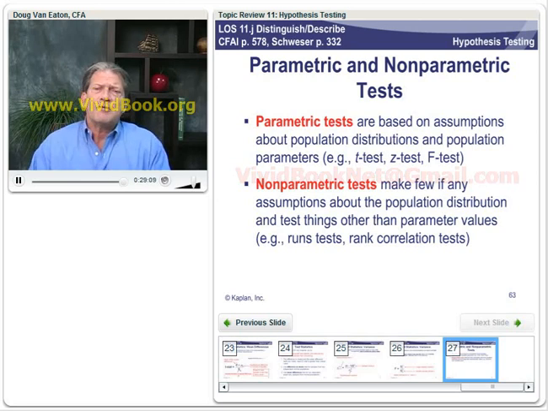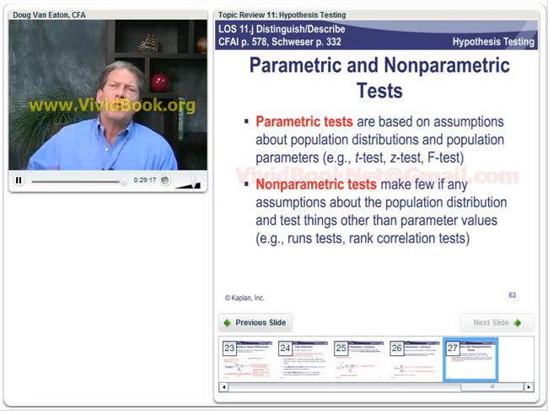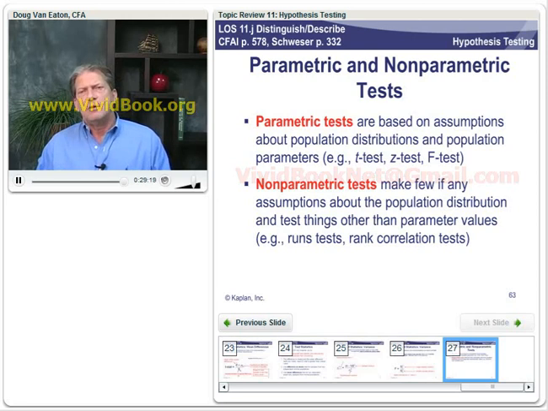Also, very often we use rank correlation tests. A rank correlation test is a test of correlation, but it's based on the rank from one period to the next. We could do this with mutual funds. List 20 mutual funds in order in terms of their performance each quarter, and see if their rank in terms of performance in one quarter is a good predictor of their rank in terms of performance in the next quarter.